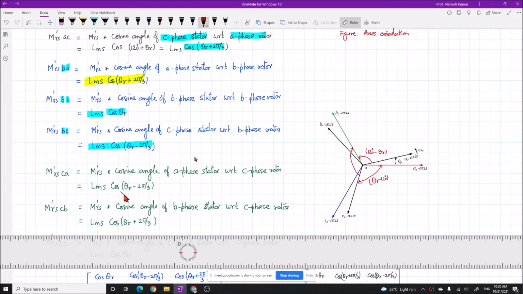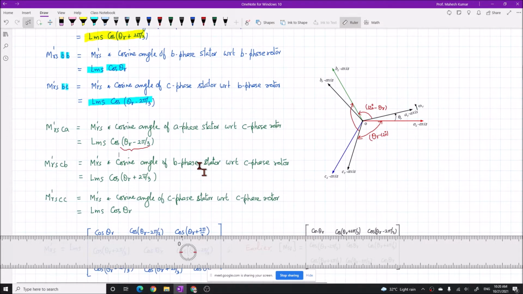So this is cos theta r minus 120. C to B is cos theta r plus 120. C to B is this one here. This is again theta r plus 120 degrees. And C to C is cos theta r.